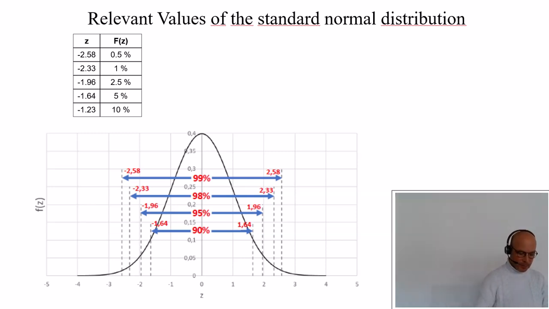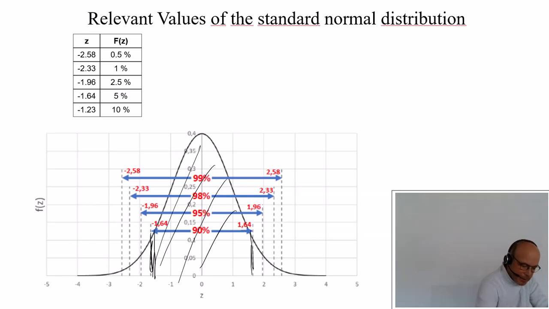So, using this interval from minus 6.4 to 6.4, this area here is 0.9.